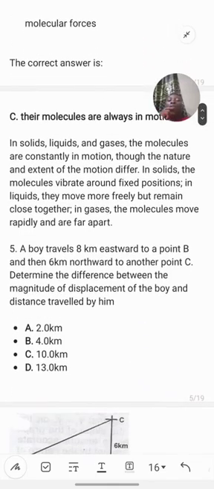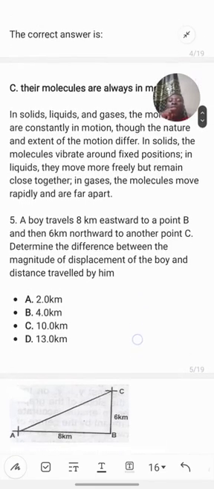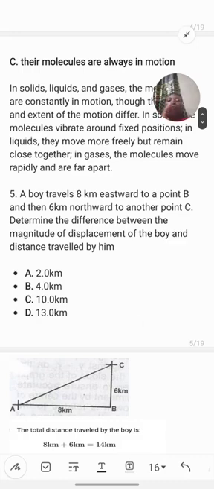Then the next question is, a boy travels 8 kilometers eastward. I want you to look at, you still remember the equator that they taught you in school, the cardinal points. From your north, to the east, to the west, then to the south.